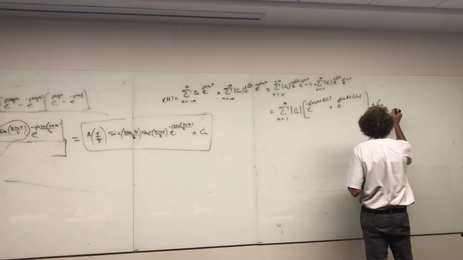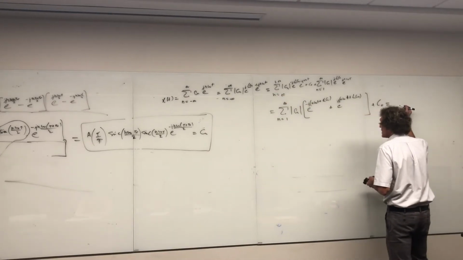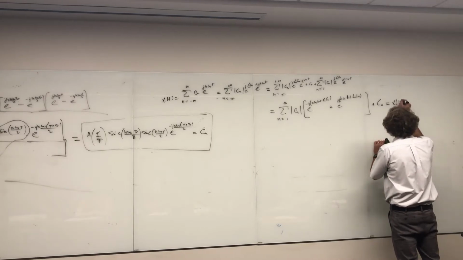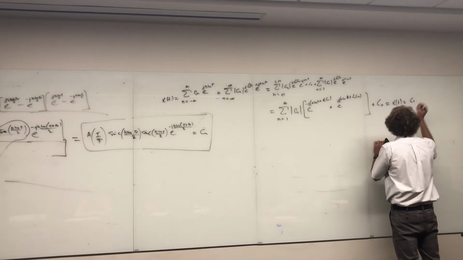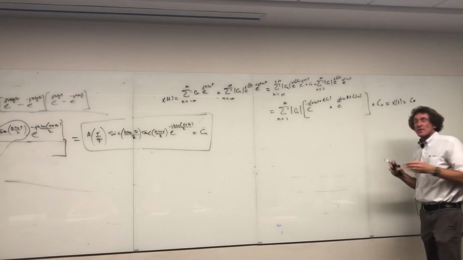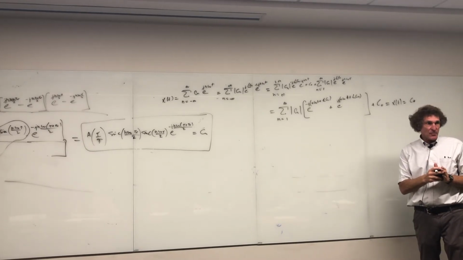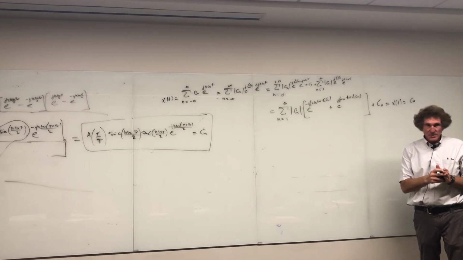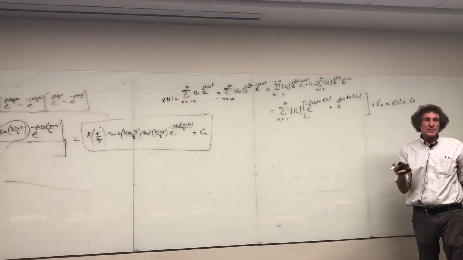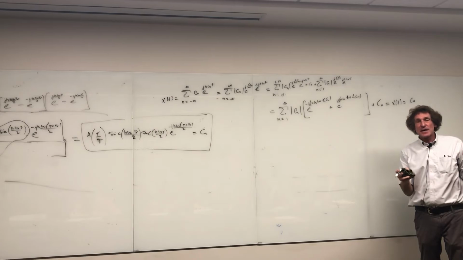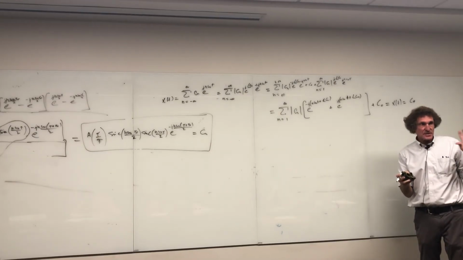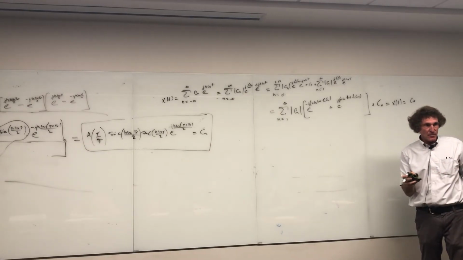So now I can say that my x of t is equal to C0. C0, by the way, is the DC, or the average value of the actual waveform over one period. There's nothing tricky about that, and you can't get that using derivatives. You have to go back to the original waveform and calculate it.